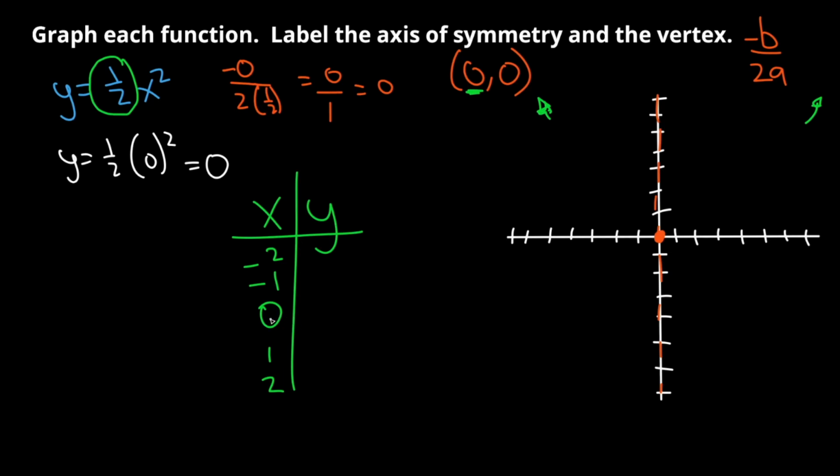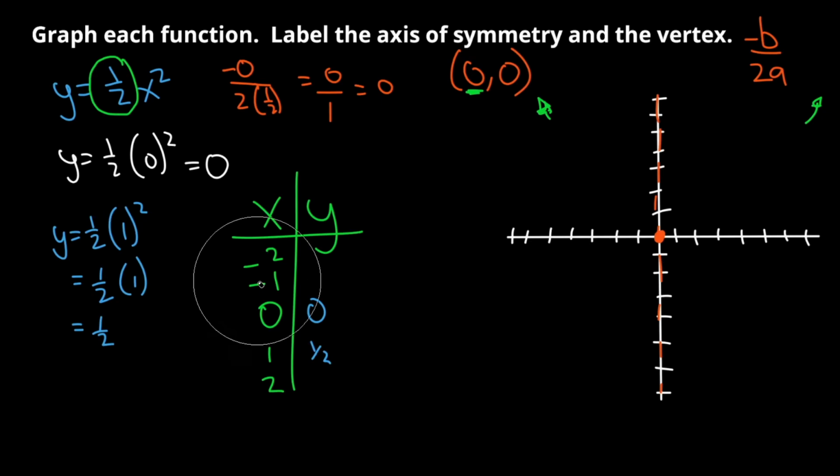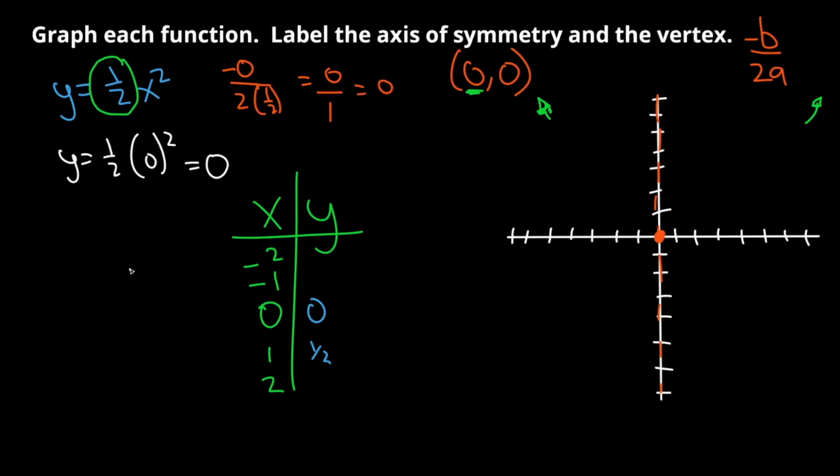So let's go ahead and pick some points. We already know what happens when we plug in 0. We get 0. Let's see what happens when we plug in 1, because that's easier to calculate. y equals 1/2 times 1 squared. 1 squared is just 1, and 1/2 times 1 is 1/2. We'll plug in negative 2 as well.